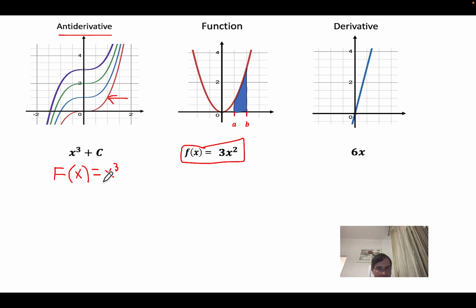This is indeed an antiderivative of this function 3x squared. The reason for this is very simple, because if I compute the derivative of this function big F, so F prime of x, this is exactly 3x squared. So this is indeed an antiderivative of this function 3x squared.